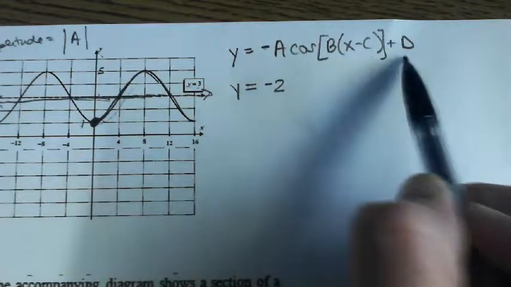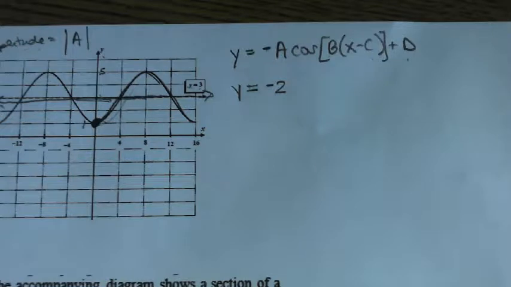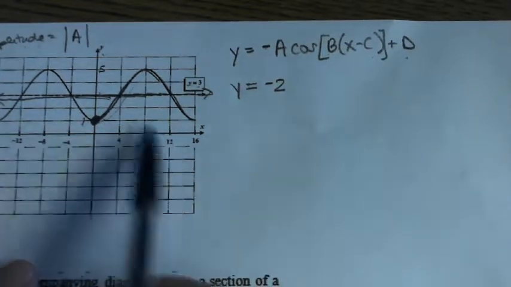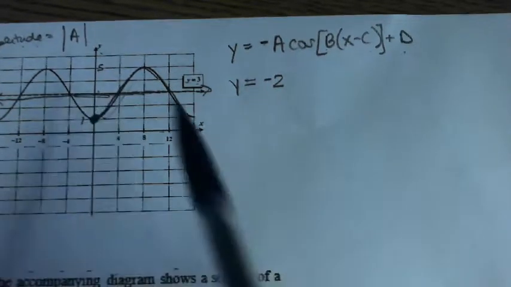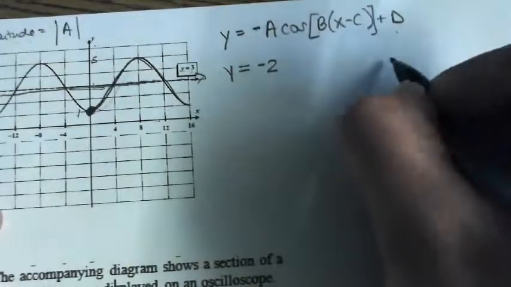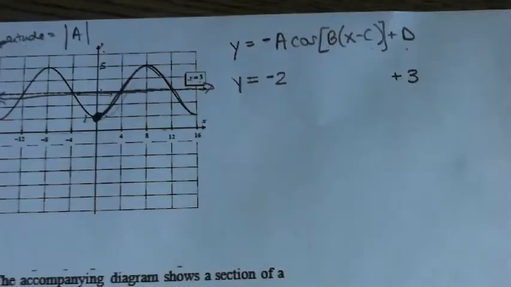A, B, C, or D? Which one is the midline? Where did this graph get shifted? D, right. It got shifted up 3 units. Here's 0, here's 3. So the midline is normally at 0 on the parent graph, but this got shifted up 3 units. So the midline gives you your D.